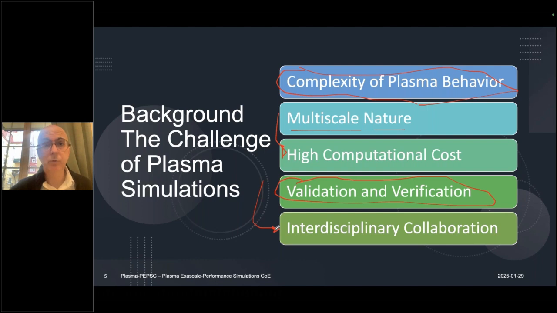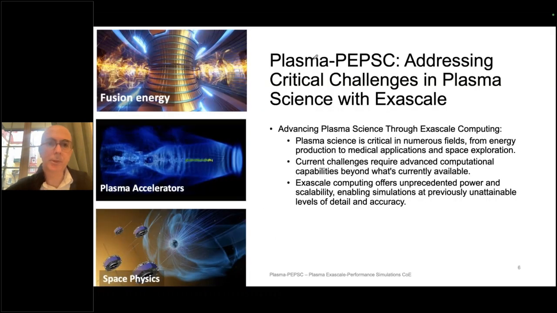So very happy to have them in the Plasma-PEPSC. The Plasma-PEPSC is the Center of Excellence that is focusing on simulation for plasma. And the main key goal of the project is to make the codes that we have in Plasma-PEPSC exascale.